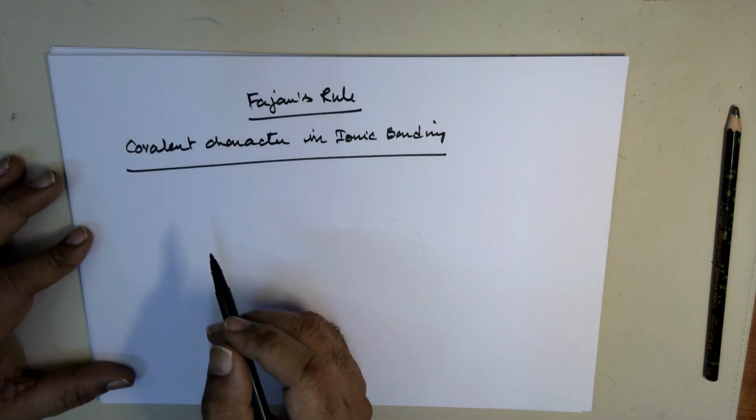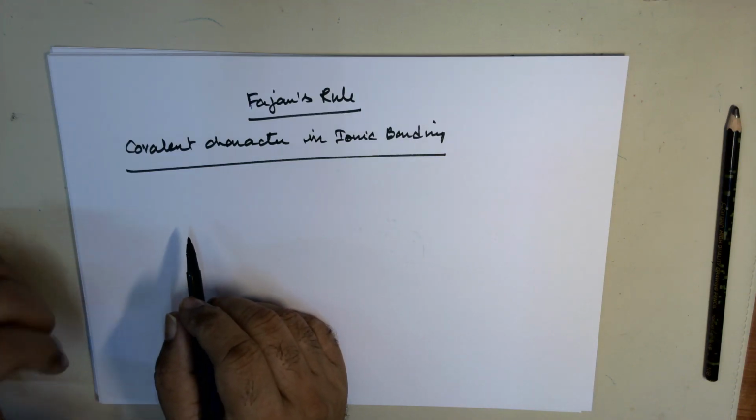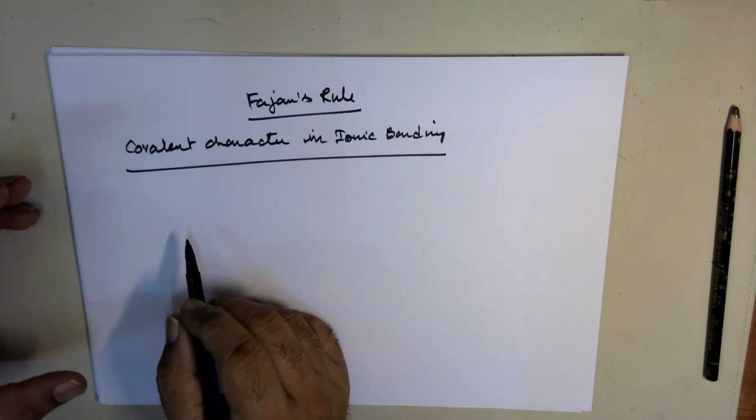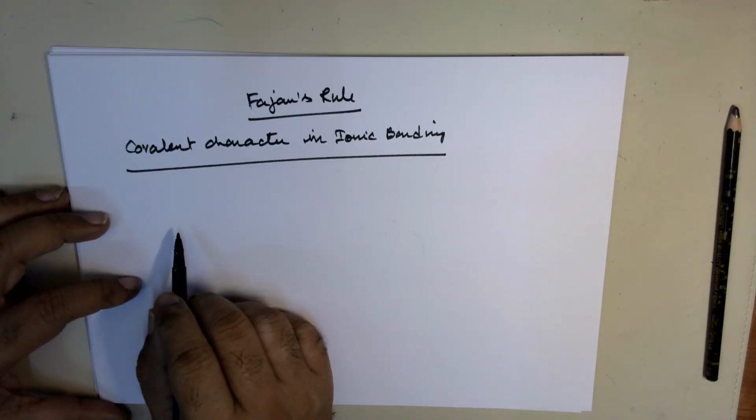That can be explained based on this Fajan's rule. So it is called the partial covalent behavior or covalent character of ionic bonds.